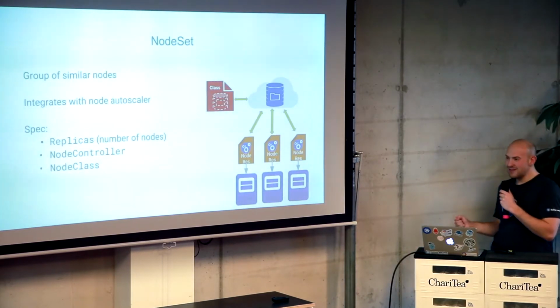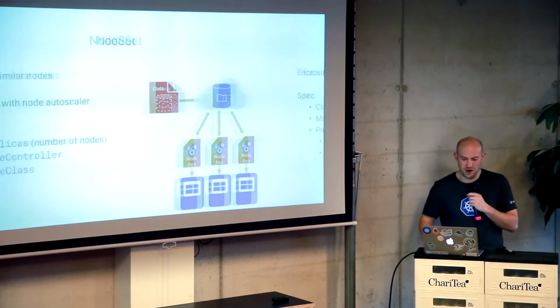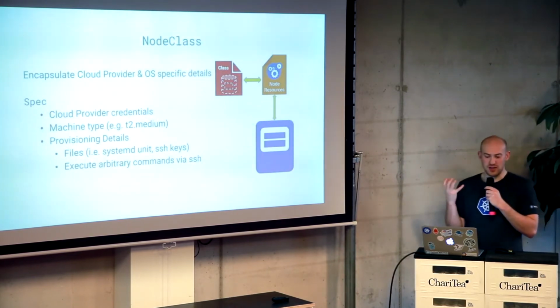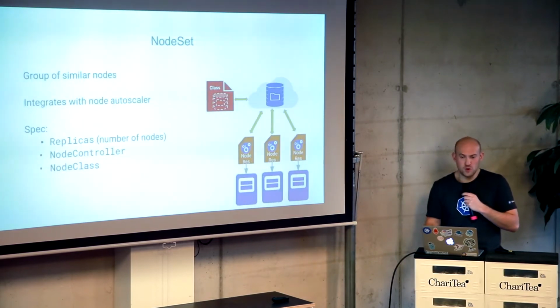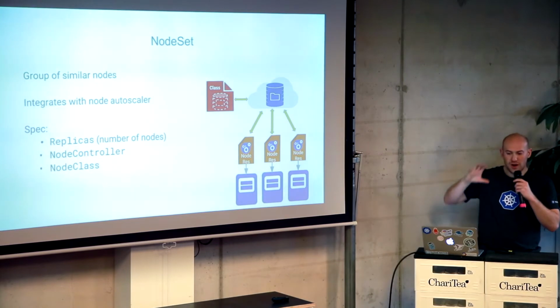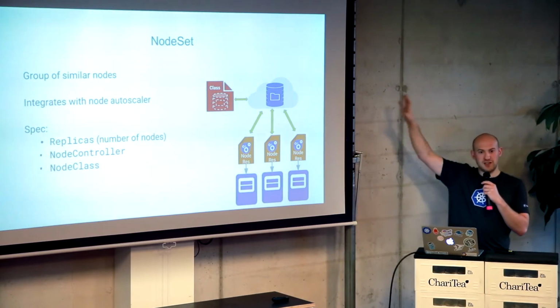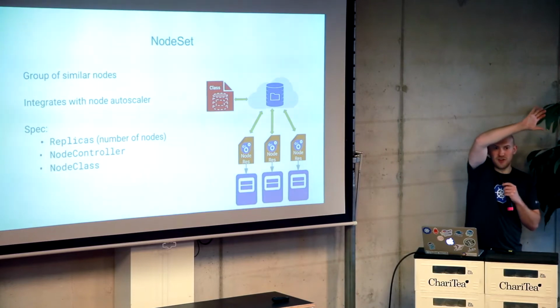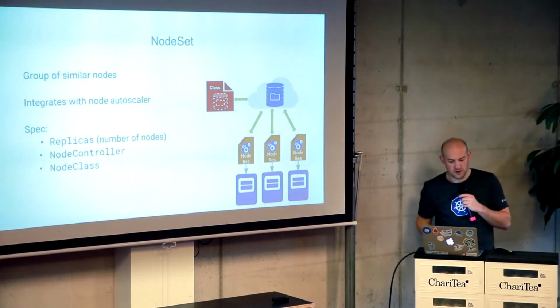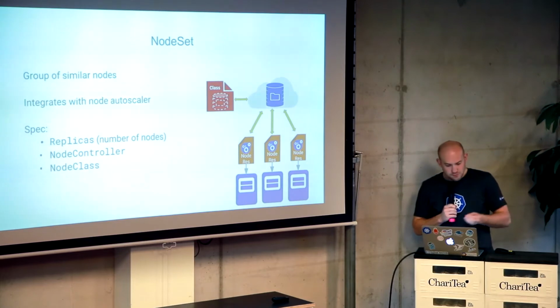So then you have this concept of a node class that defines a type of node, but you don't have any nodes yet. So we want to have a group of nodes. We've defined a type of node. Now we want to have something that encapsulates a group of nodes themselves. And so we have the NodeSet.